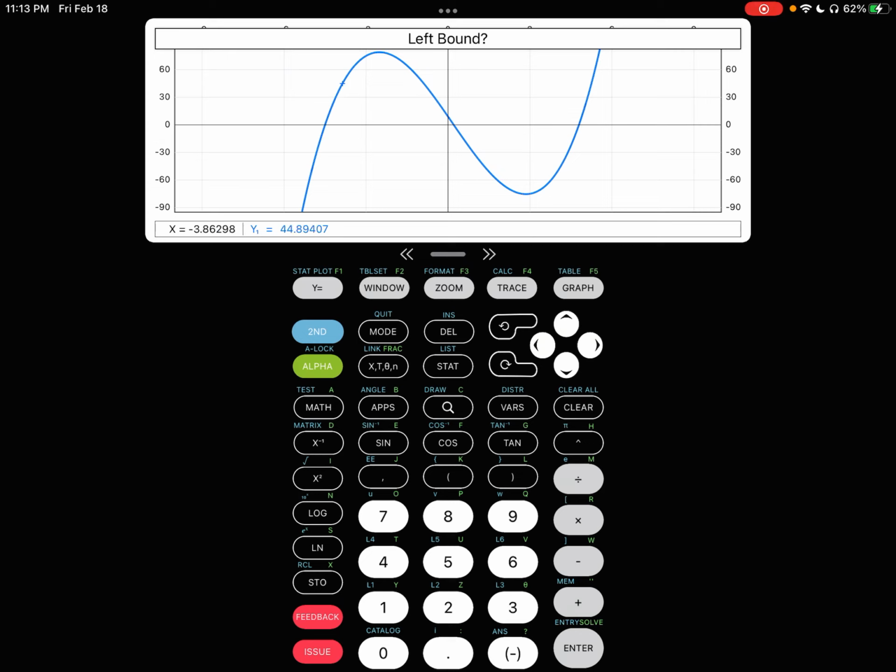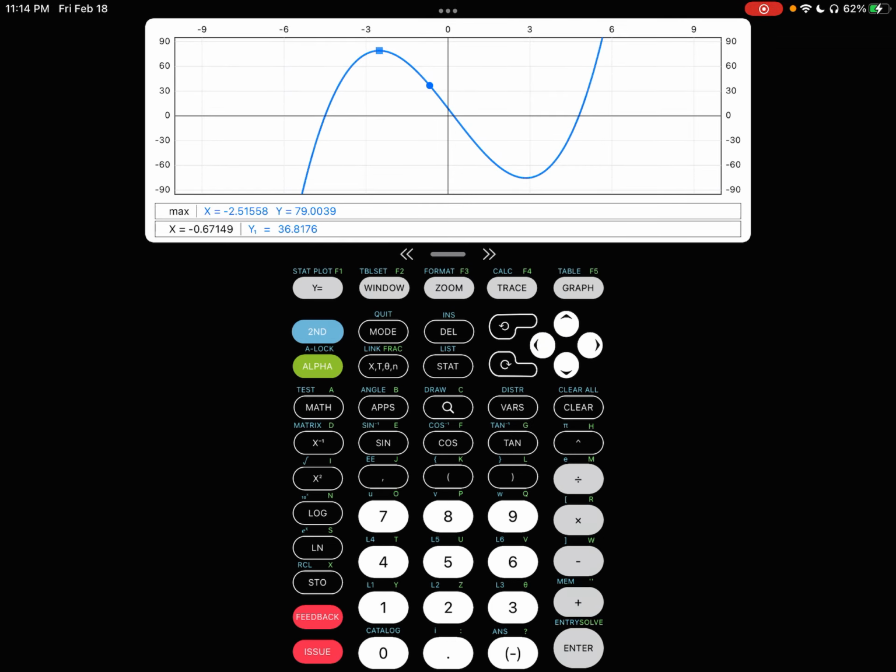All right, so we want to make a viewing window that captures this local maximum. So left bound means where is this calculator going to stop looking on the left-hand side? And where is this calculator now going to stop looking on the right-hand side, the right bound?